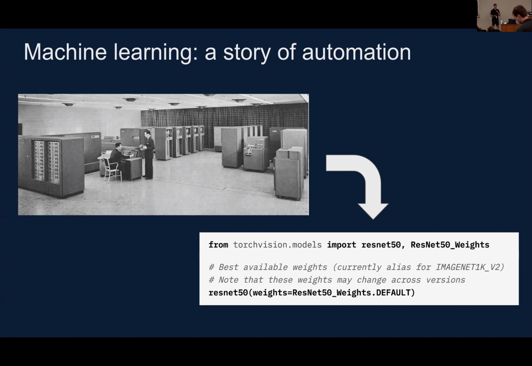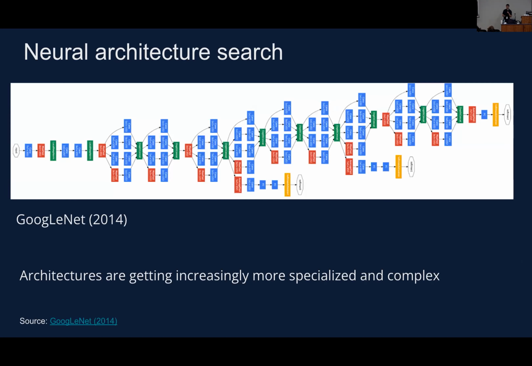In particular, one of the big leaps in terms of automation happened around 2012 with the deep learning boom, where now people spend way less time on manual feature engineering because it all happens automatically with neural networks. However, we are not quite done with this automation because these architectures are very complex. This is GoogleNet, which is from 2014.